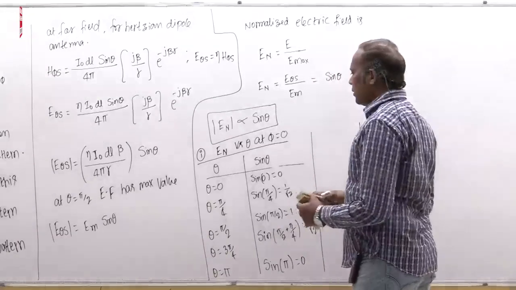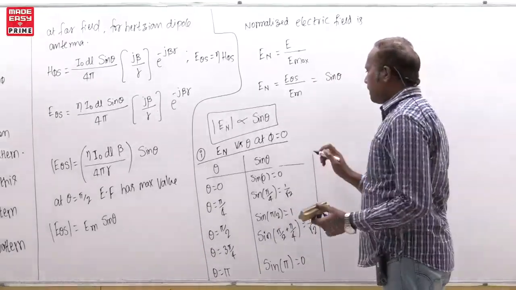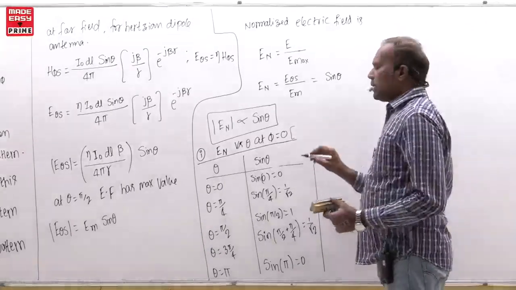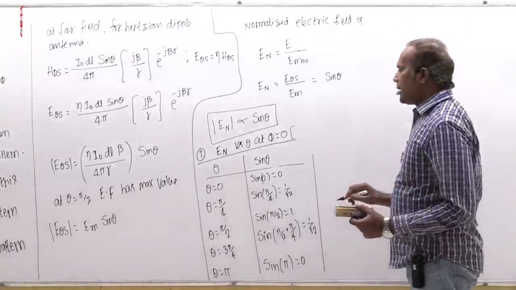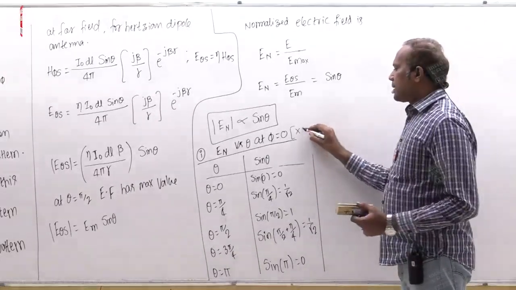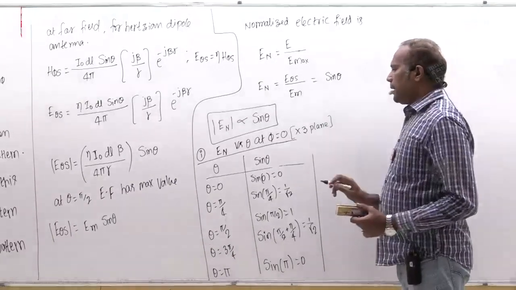We will take phi is equal to 0. I will write there phi is equal to 0. Can you tell me what is the meaning of phi is equal to 0? So phi 0 means horizontal angle 0. Where is that horizontal angle 0? XZ plane. Yes, that is correct.